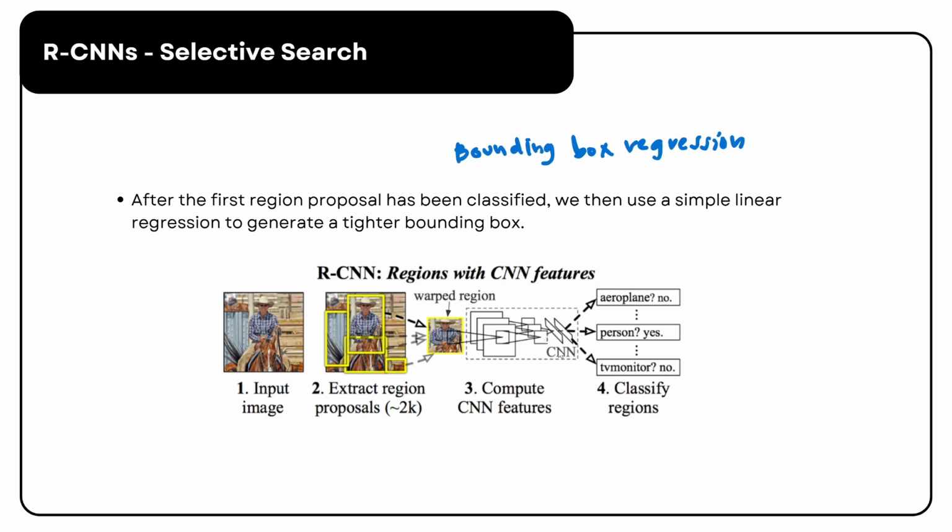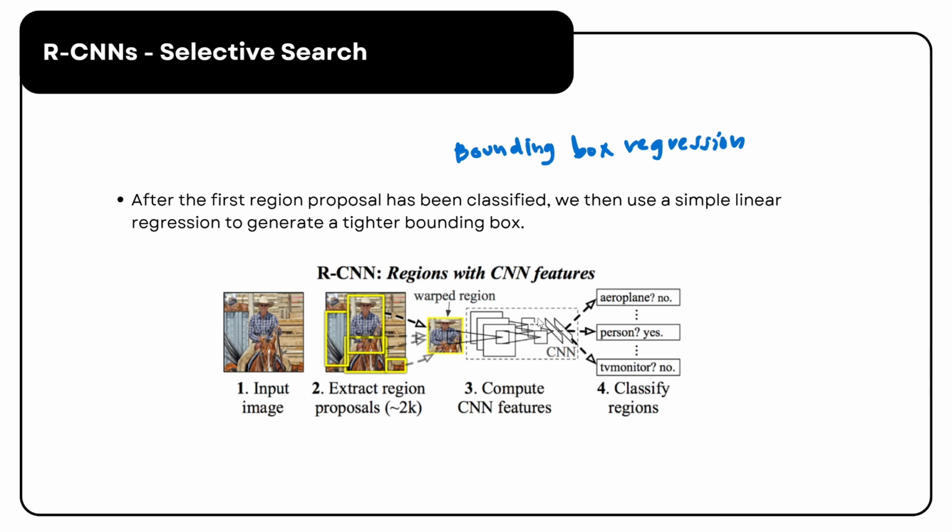So this combination of region proposals, plus the CNN feature extraction, plus the SVM, and finally the bounding box regression, is what made RCNN such a powerful early object detection model.